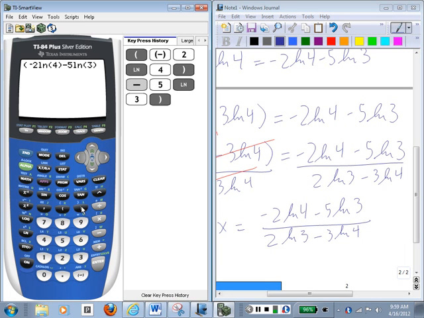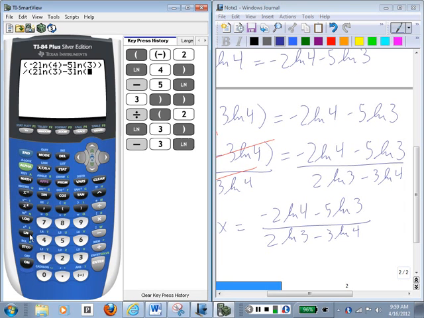Close the parentheses for the logarithm, and then close the parentheses for the numerator, divided by, open parenthesis for the denominator, 2, natural log of 3, close the parentheses for the log, minus 3, natural log of 4, close the parentheses for the log, and then close the parentheses for the denominator.